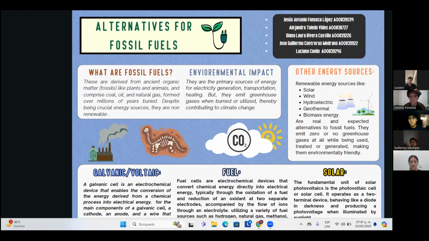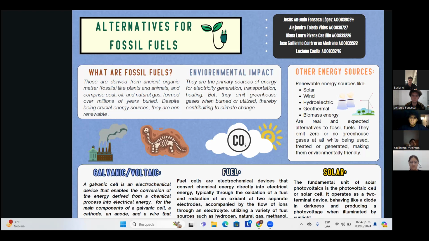And other energy sources that we can seize from atmospheric phenomena, which we also call renewable energy sources, are solar, wind, hydroelectric, geothermal, and biomass energy. And these are real.